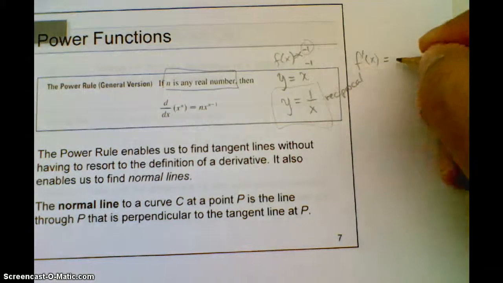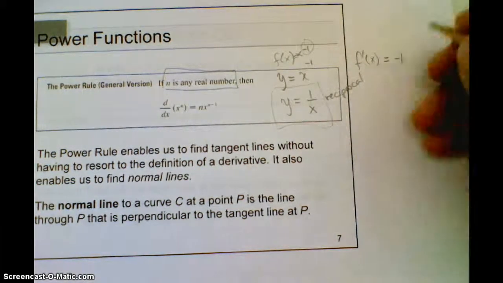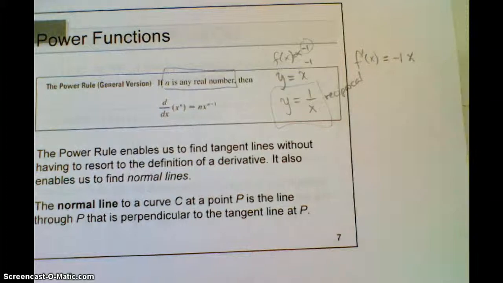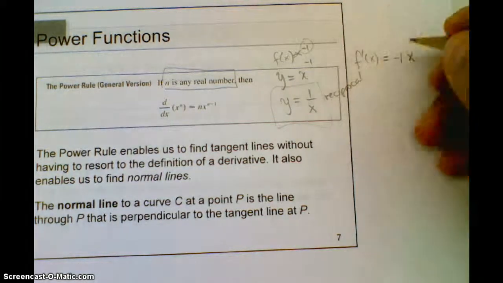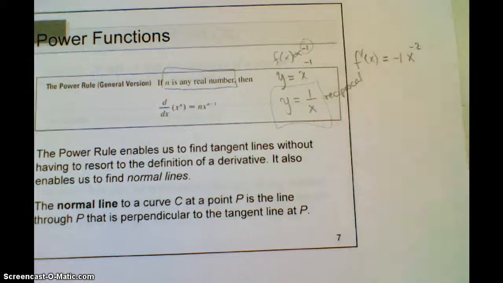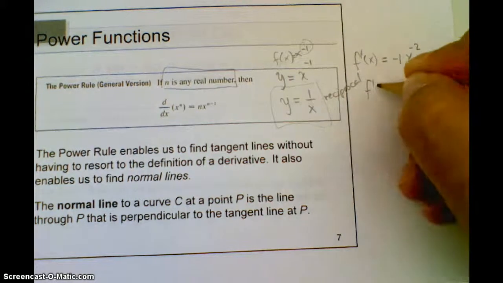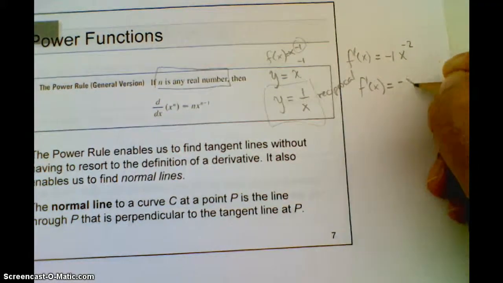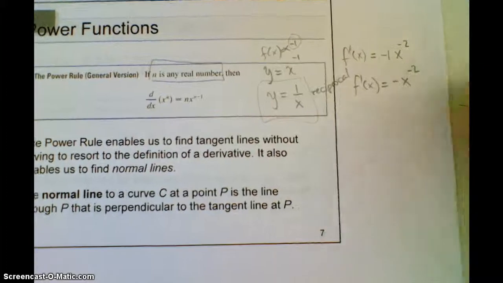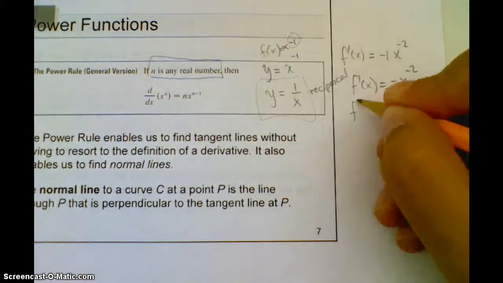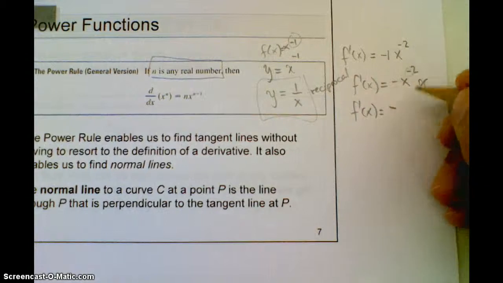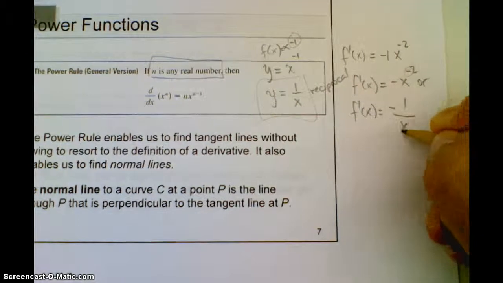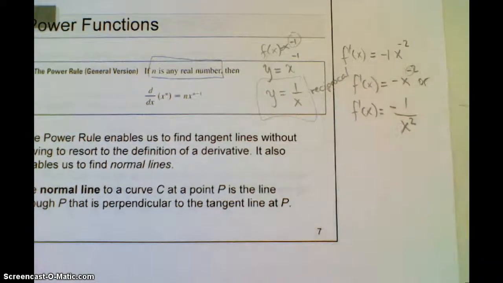Remember, the exponent becomes the new coefficient, and then the new power of x is 1 less than the current power. So 1 less than negative 1 would be negative 2. So f prime of x is negative x to the negative 2, or you can see it as f prime of x equals negative 1 over x squared. Remember, a negative exponent is simply the reciprocal.